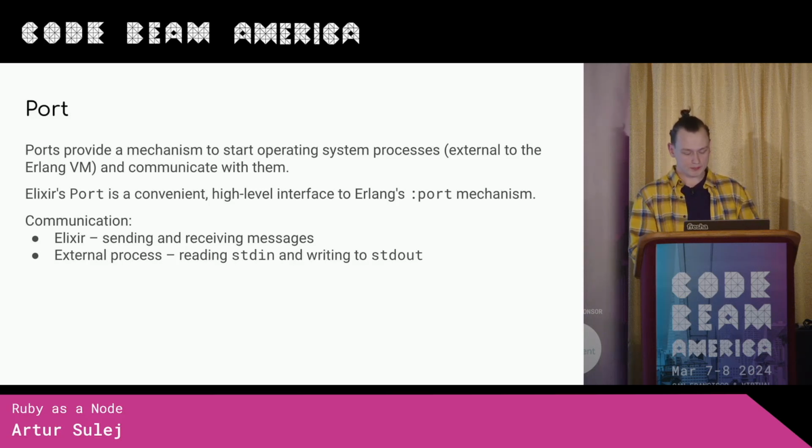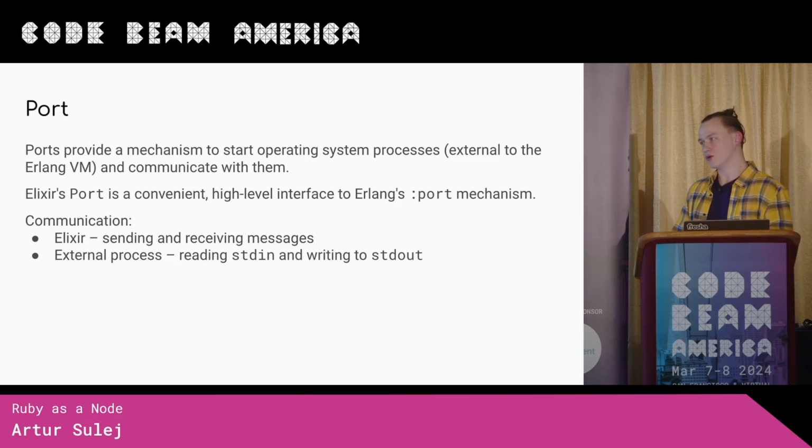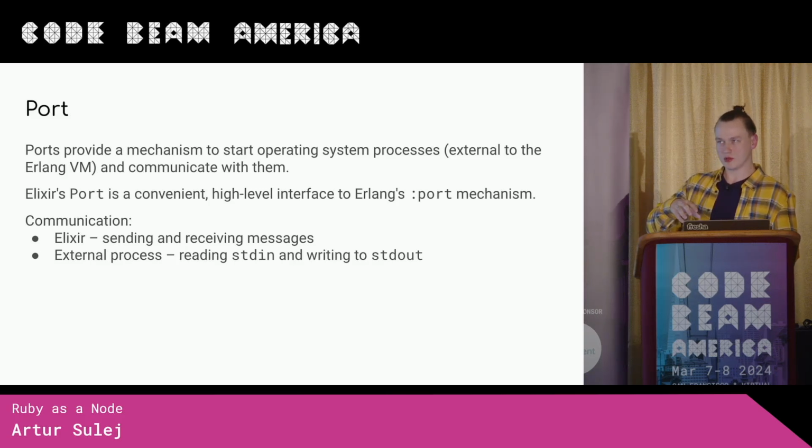So to achieve that, we'll use port. And port is a mechanism that allows Elixir to run a separate operating system process. So it's not a process within Erlang virtual machine, but a separate process like Ruby application, and the ways to communicate with it.